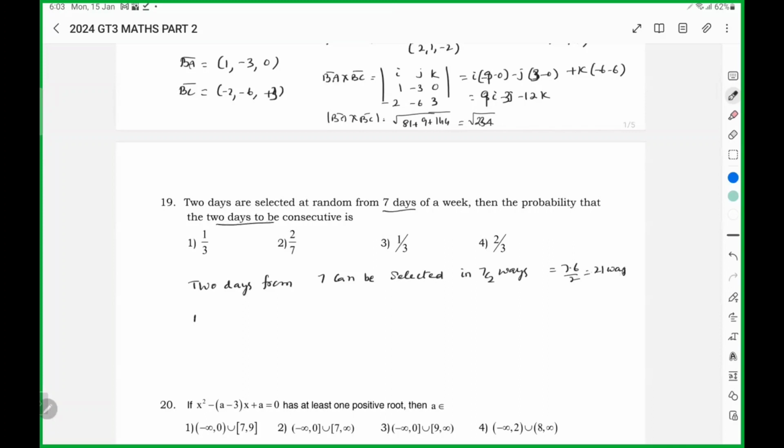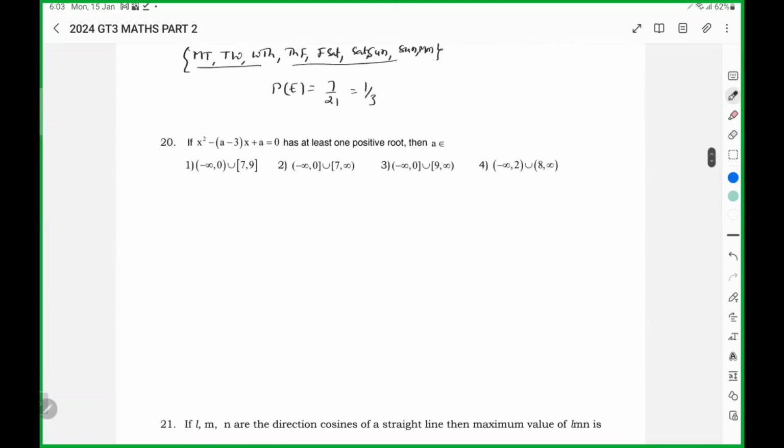Probability that 2 days are consecutive: Monday Tuesday, Tuesday Wednesday, Wednesday Thursday, Thursday Friday, Friday Saturday, Saturday Sunday. Consecutive means we have 6 possibilities. So the probability that 2 days are consecutive is 1 by 3.